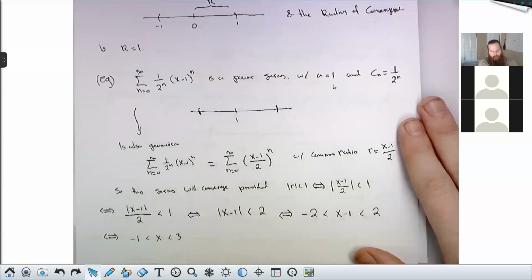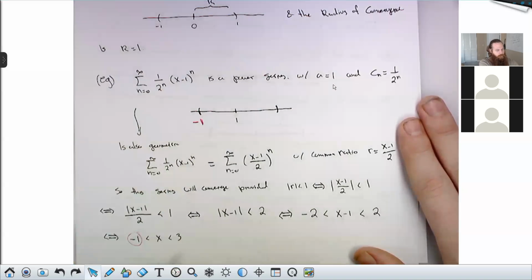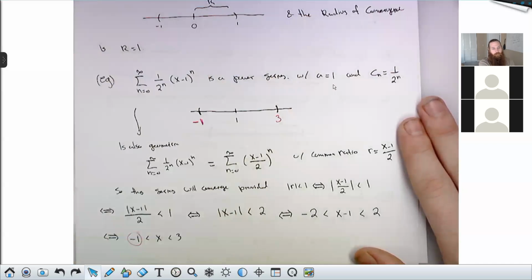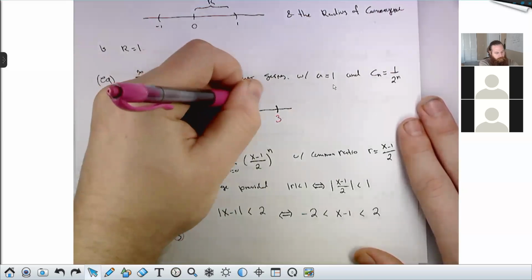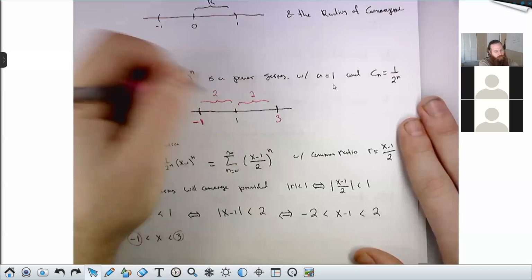So in other words, I know now the left endpoint is negative 1, and I know that the right endpoint is 3. So this distance is 2. And you notice it's symmetric on both sides, right?